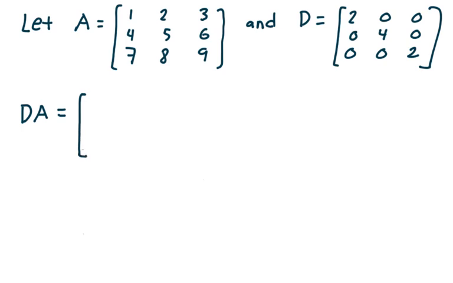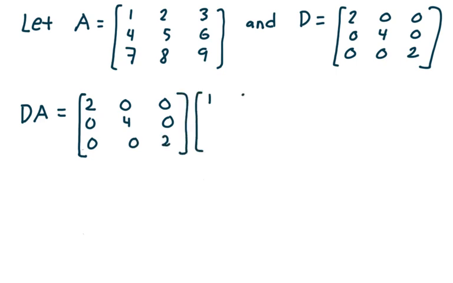So D is on the left side of A for this one. So we're going to take the matrix 2, 0, 0, 0, 4, 0, 0, 0, 2, and I'm going to multiply by A, 1, 2, 3, 4, 5, 6, 7, 8, 9.